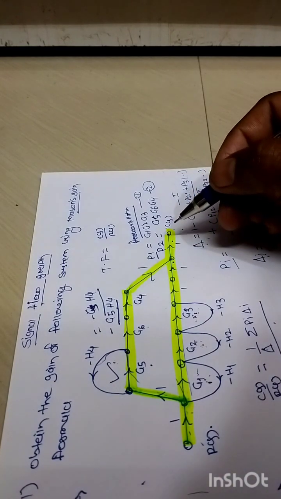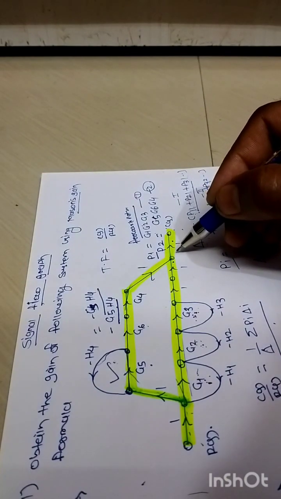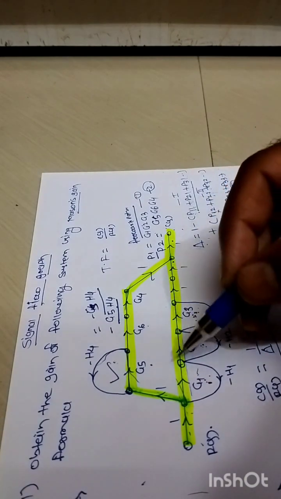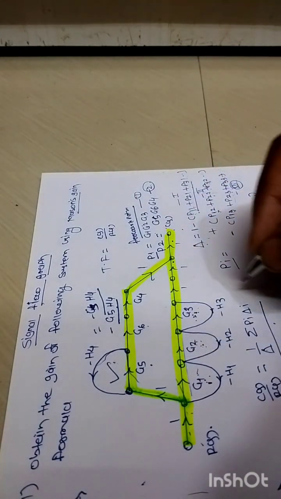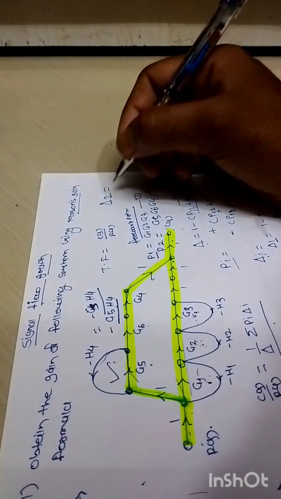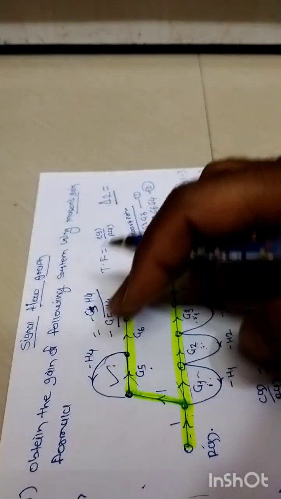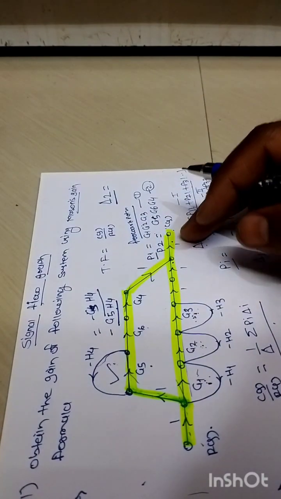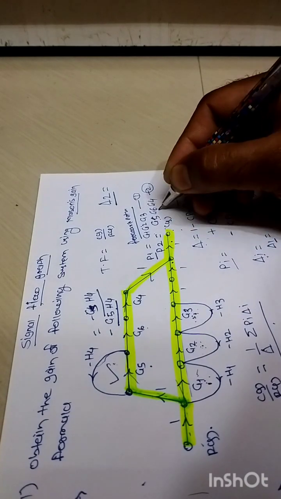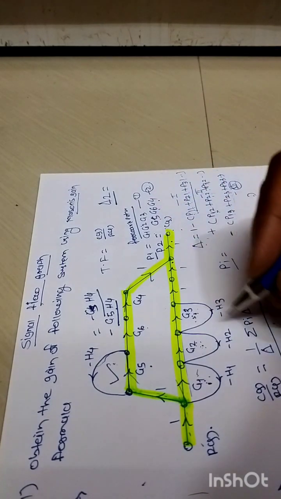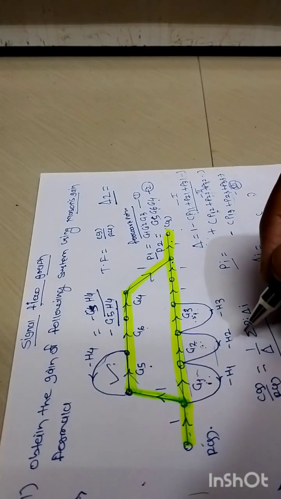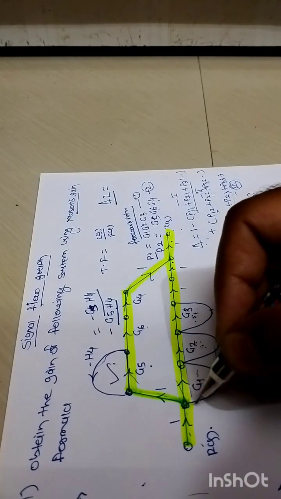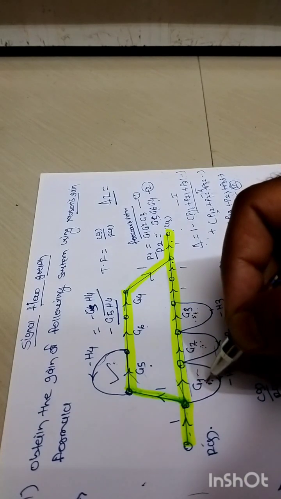So here we need to determine, according to forward path number 2, whether we are having any loop gain which will not touch this forward path. That is our delta 2. Delta 2 is the desired part of the signal flow graph which has nothing to do with forward path number 2, whose gain is G5, G6 and G4. Clearly, as far as this first loop is concerned, it shares this particular node with forward path number 2.